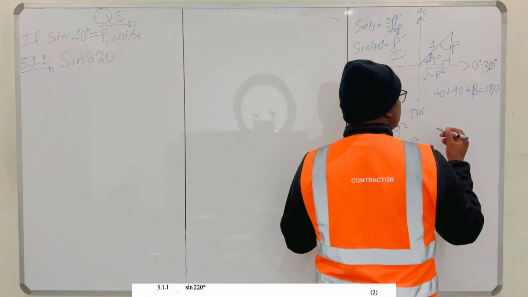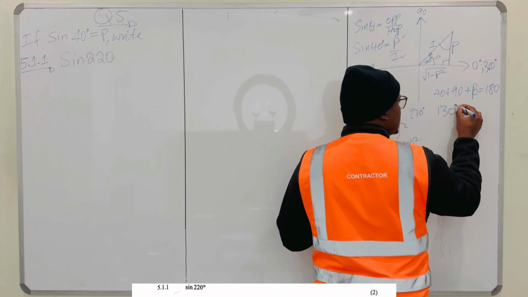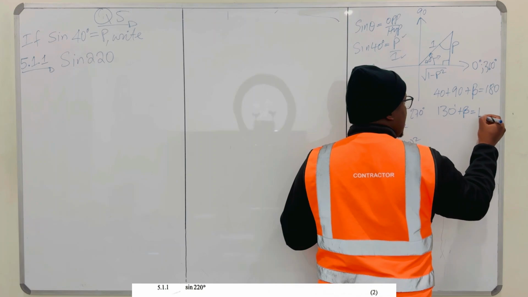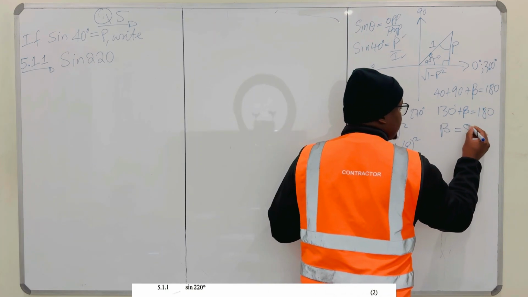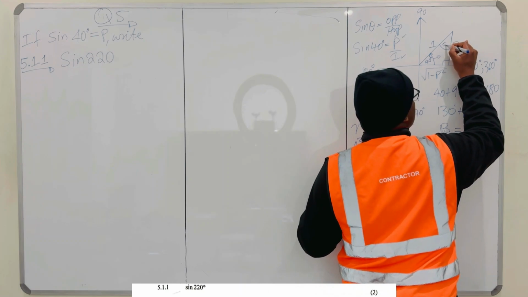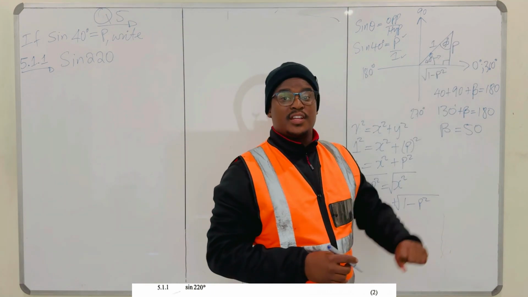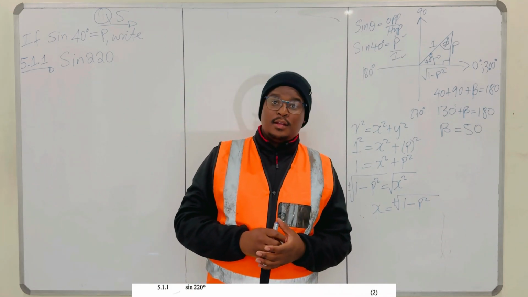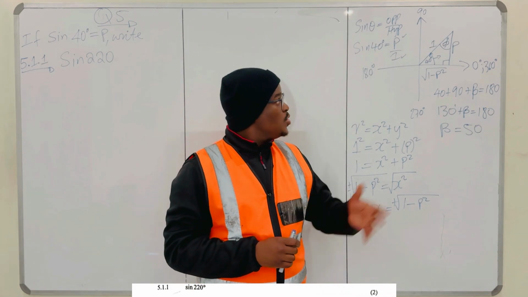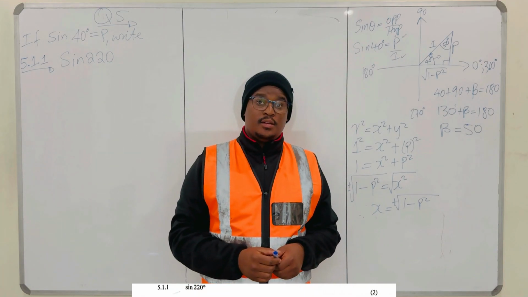So you have 130 plus beta equal to 180 degrees. Transfer the 130 to the other side, so your beta is equal to 50 degrees. So this angle up here is 50 degrees. Once you have this triangle fully filled in, it will be much easier to express all of these in terms of P.